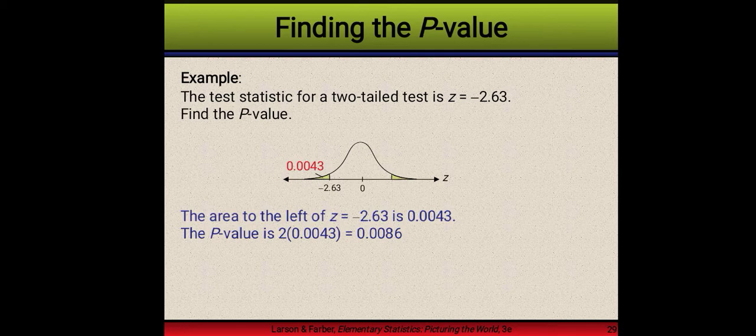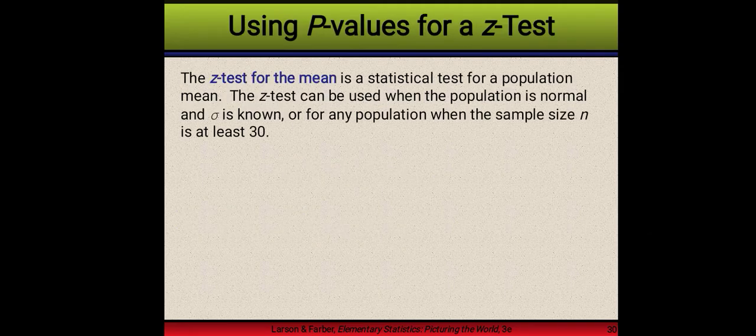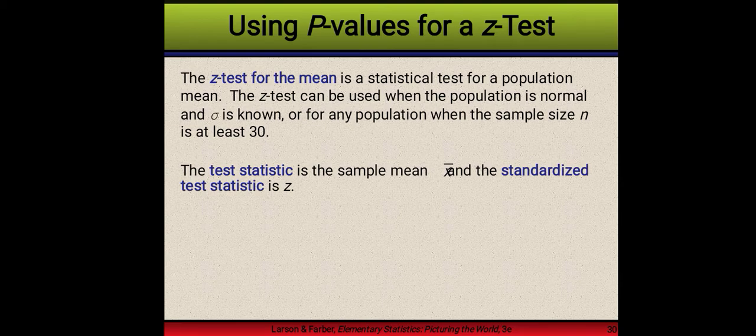The z-test for the mean is a statistical test for a population mean. The z-test can be used when the population is normal and sigma is known, or for any population when the sample size n is at least 30. The test statistic is the sample mean, and the standardized test statistic is z.